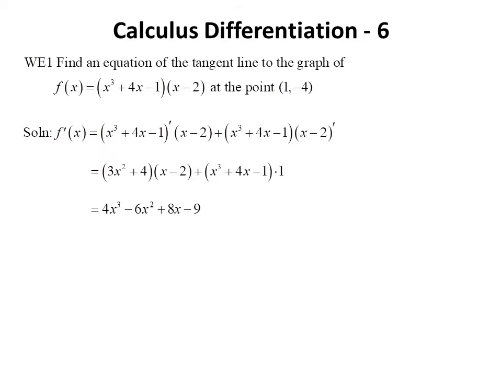After being further expanded and simplified, f prime of x equals 4x cubed minus 6x squared plus 8x minus 9.